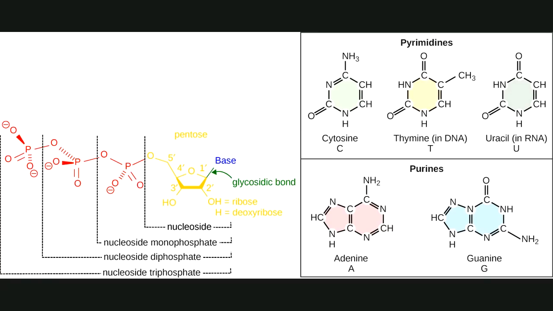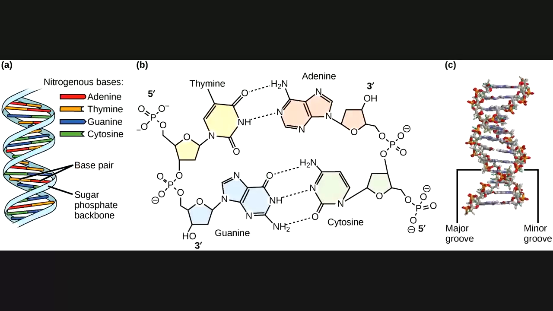Okay, now let's look at how this works. So we just looked at one nucleotide, right? And one nucleotide we saw had a phosphate, which is here, a sugar, which is here, and a base, which is here. So that's one nucleotide. Here's a second nucleotide.